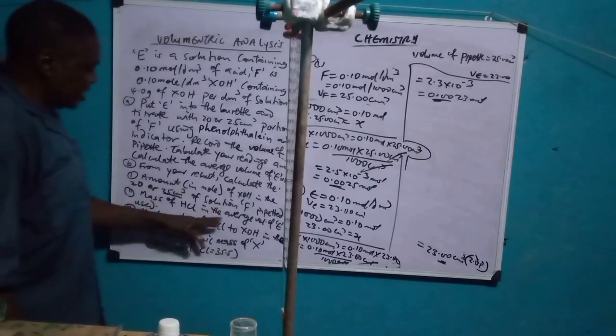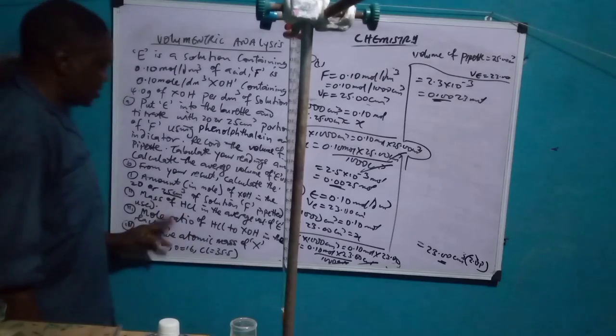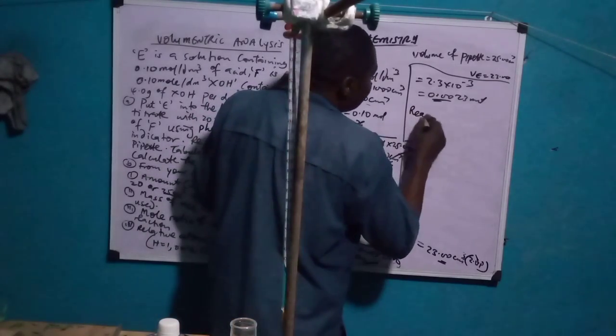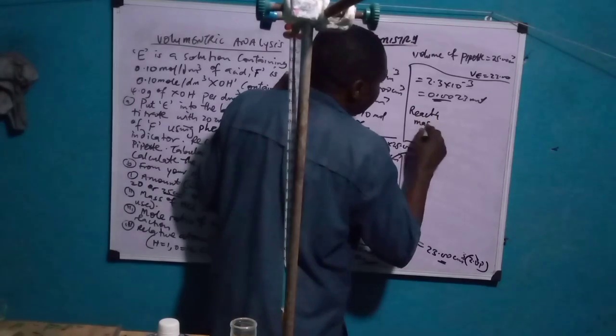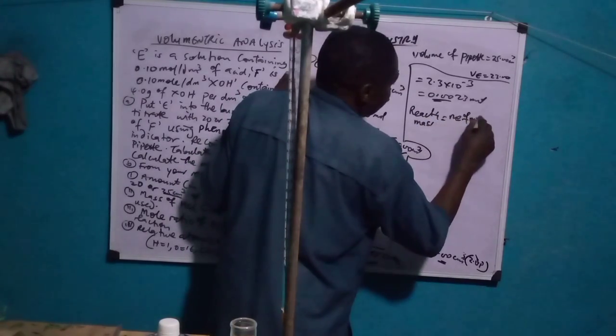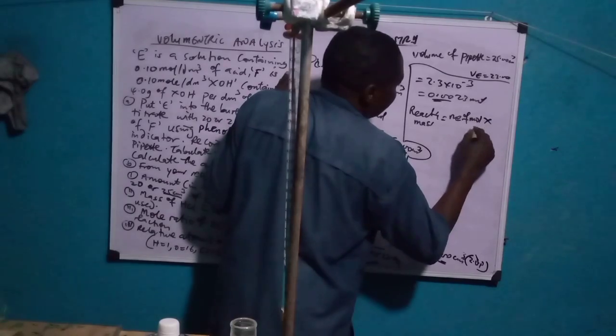It's the mass of HCl in the average volume of E used. Mass is taken as reacting mass. Reacting mass equals number of moles times molar mass.